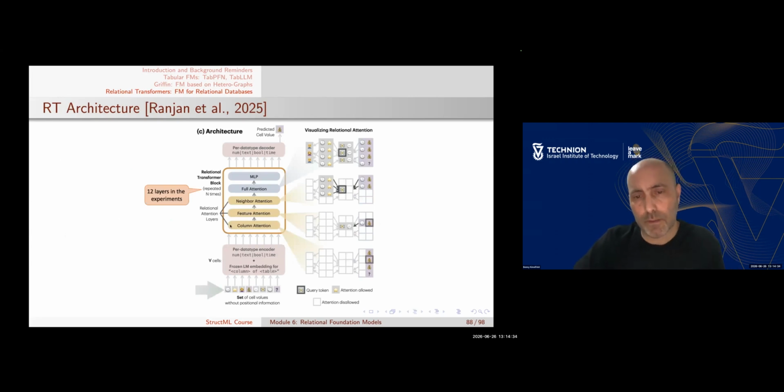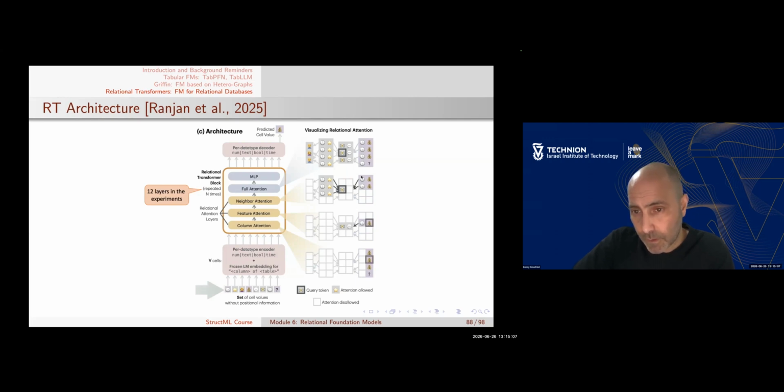You can see here in the example that after we have our cells and we apply the basic encoding, we apply this layer, 12 layers in the experiments, where we start with the column attention, then add up the feature attention, then the neighboring.